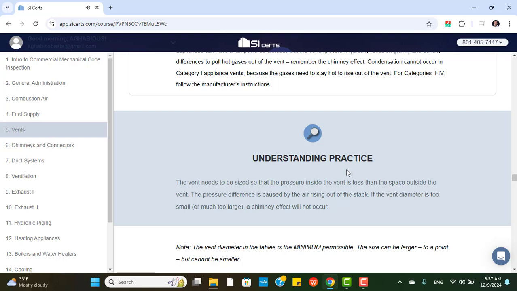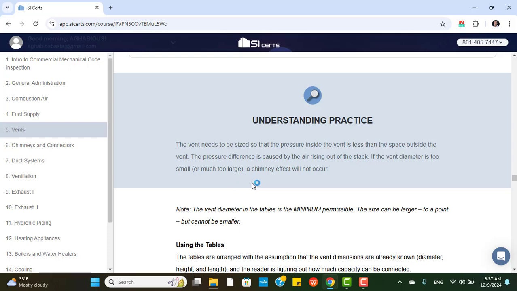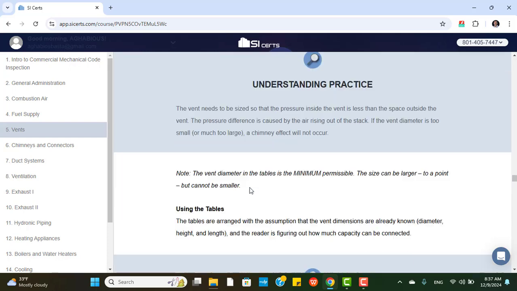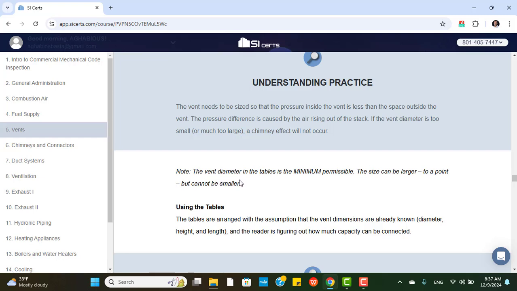Understanding practice. The vent needs to be sized so that the pressure inside the vent is less than the space outside the vent. The pressure difference is caused by the air rising out of the stack. If the vent diameter is too small or much too large, a chimney effect will not occur. Note, the vent diameter in the table is the minimum permissible.